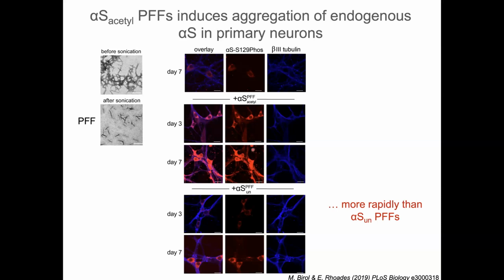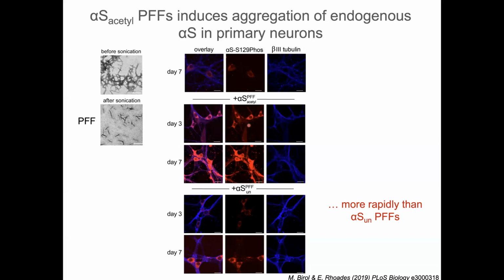So this was sort of our first result where we saw a major difference in how acetylated proteins seem to interact with some potentially physiological partner. And that's through being a much more virulent infector of neurons and much more capable of causing the aggregation of the endogenous protein. And I will say mechanistically, we still don't know exactly why. We're exploring this, right? You can imagine that the acetylated protein maybe is internalized more rapidly.